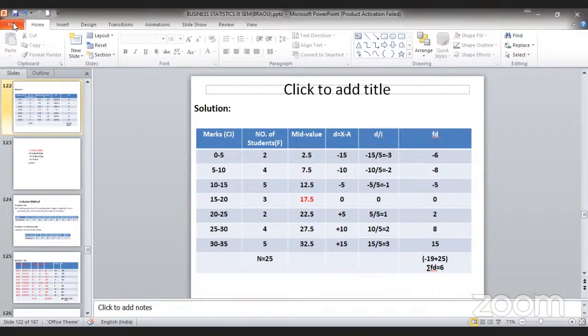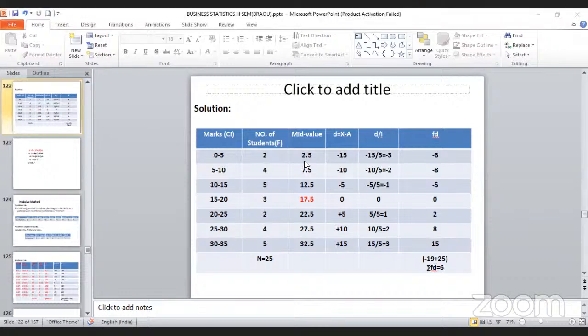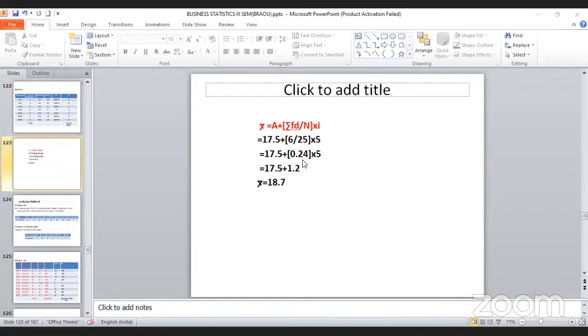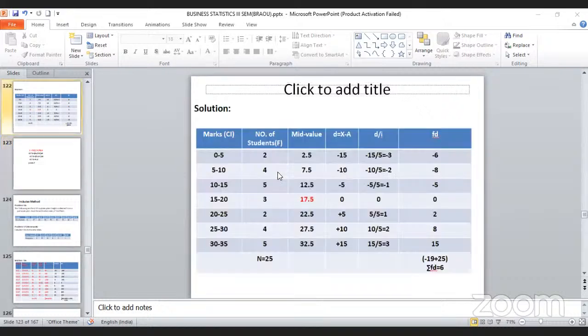Take the screenshot. So the mean is equal to A plus sigma FD divided by N into I. What is the assumed mean? It is 17.5, plus sigma FD. How much did you get? 6.